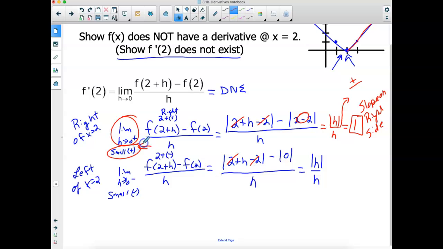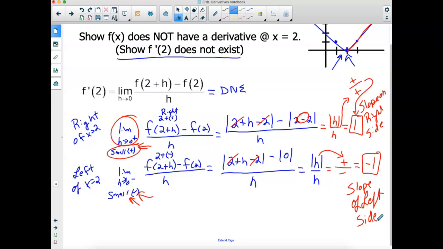If h is small but positive, I have a positive on the bottom, which means my slope is positive 1. If h is a small but negative number, the absolute value of a negative is still a positive, but the bottom is not in absolute value, so it's negative. That's going to be a positive number over a negative number, which gives me a slope of negative 1. So this is the slope of the left side.